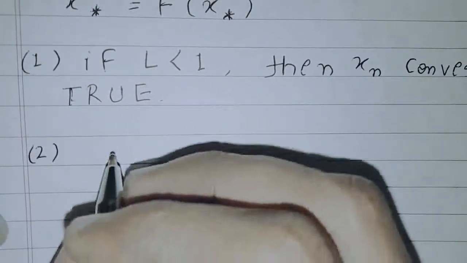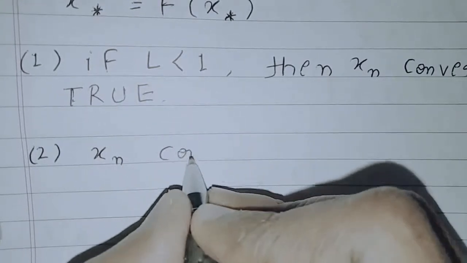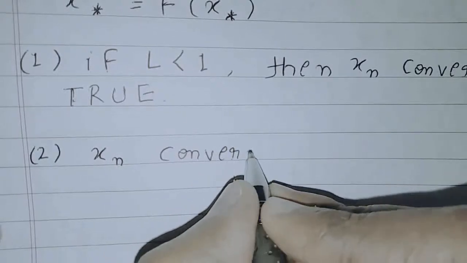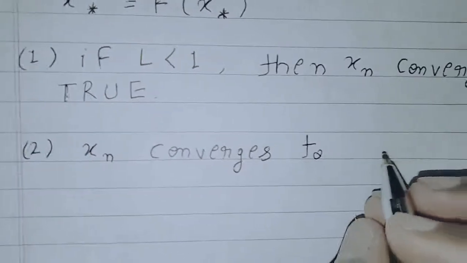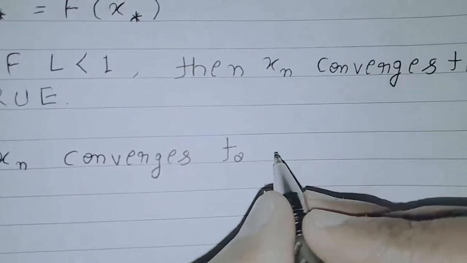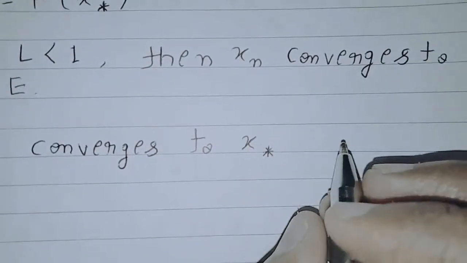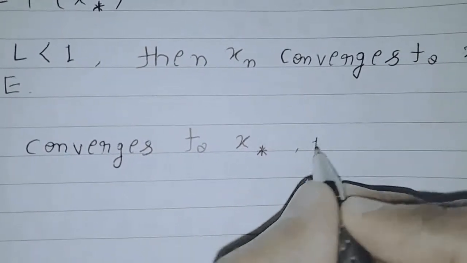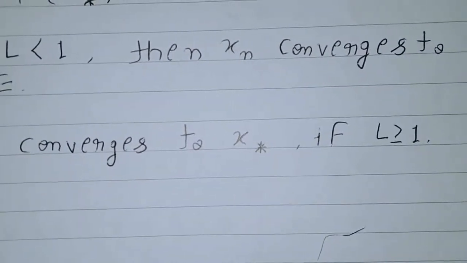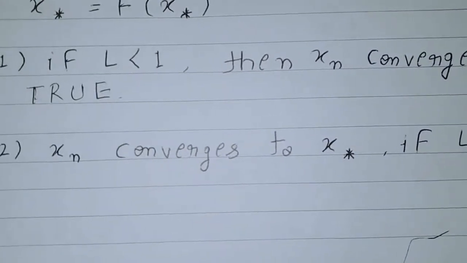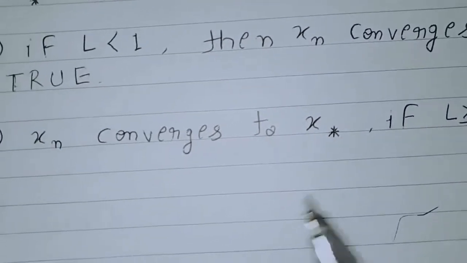Now option number 2 says xn converges to x asterisk if L is greater than or equal to 1.